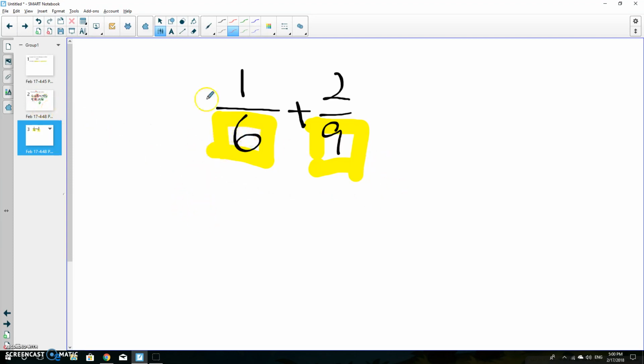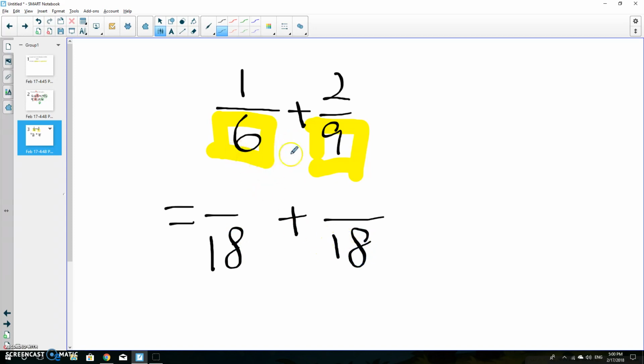So my two fractions are still going to be there. I have 18, I have 18. So step 1, the first step, is to find the LCM of 6 and 9. It's going to give you the answer, and this answer is going to be your new denominator.